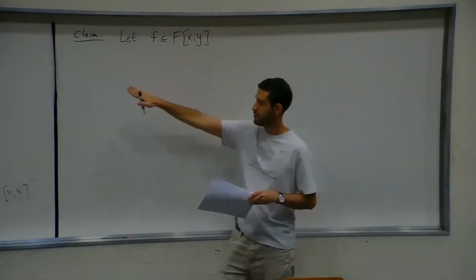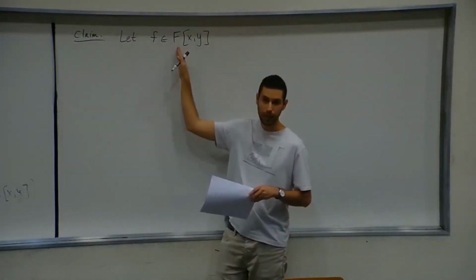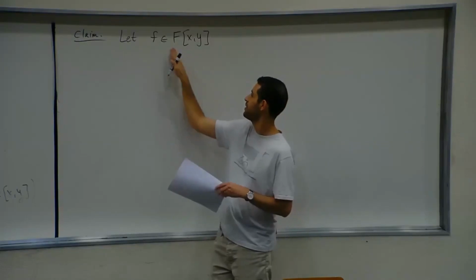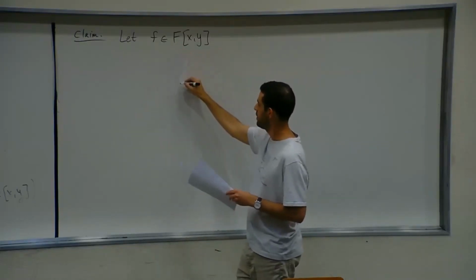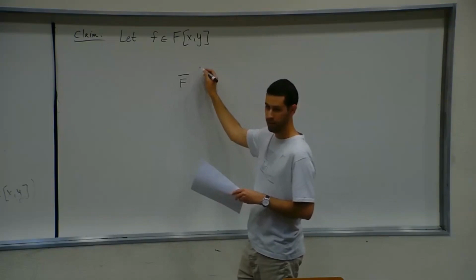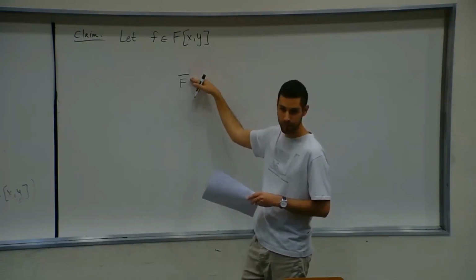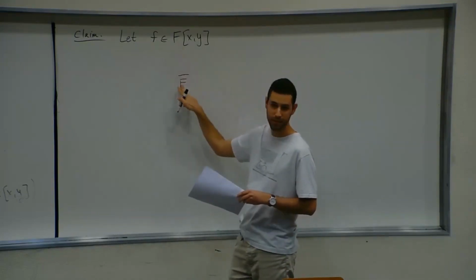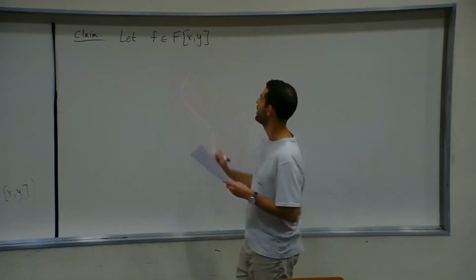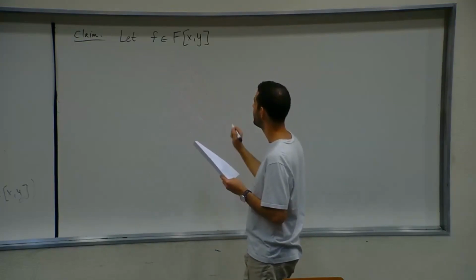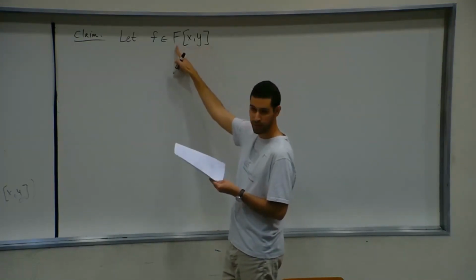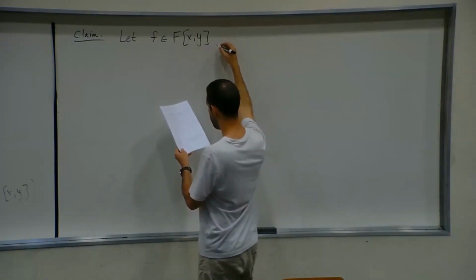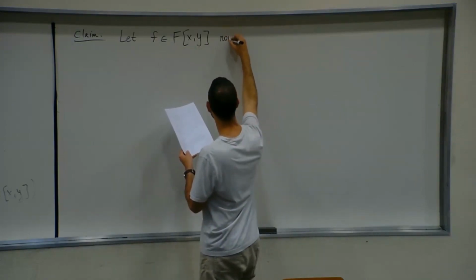Now K is algebraically closed and F is some field, not necessarily algebraically closed, so F is a general field and F bar is the algebraic closure. Like if this is R, this is C. Suppose we have a bivariate polynomial over some field F, non-constant.